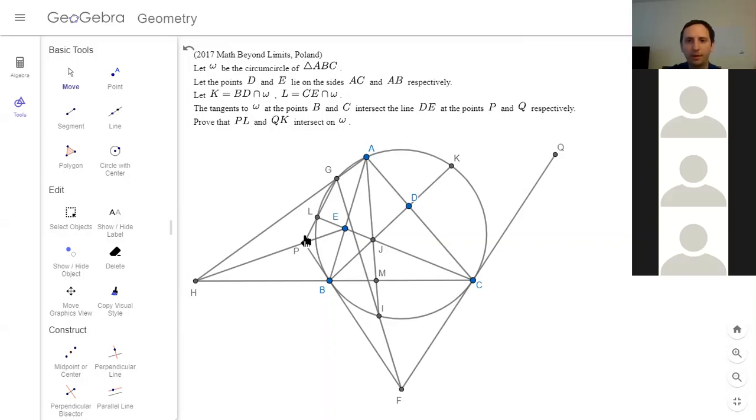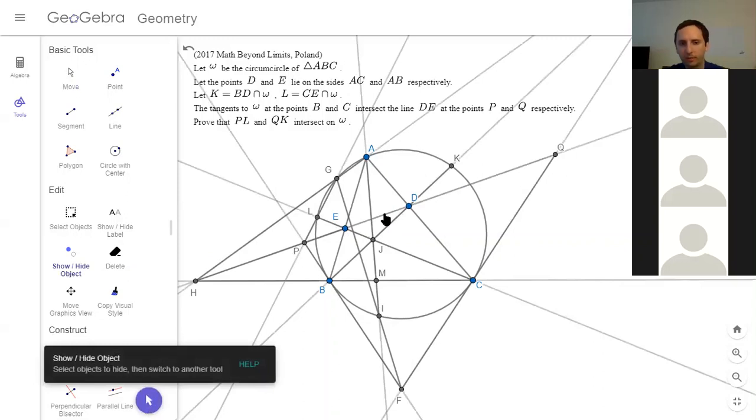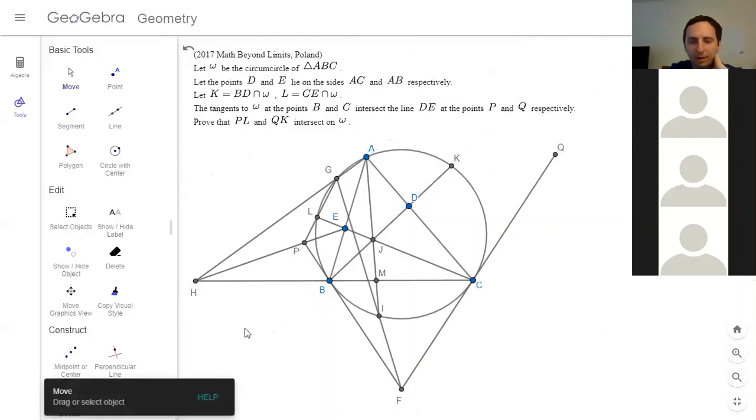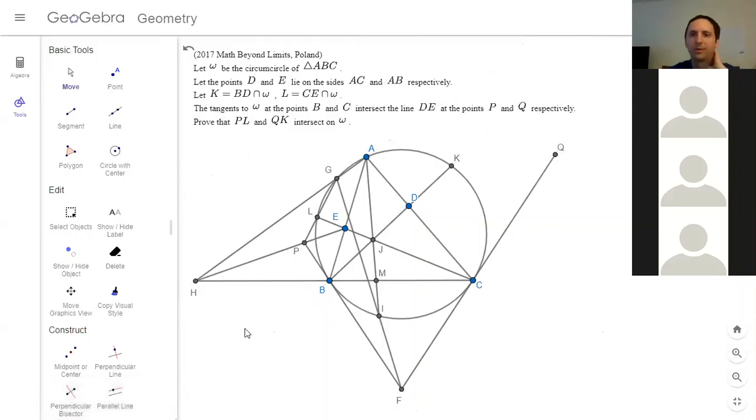But how did we define P? Wait, we know that P is on DE. The problem says that. But if we know P is on DE, then the problem's trivial. I think we're getting confused with how we're defining things. Now I'm confused.